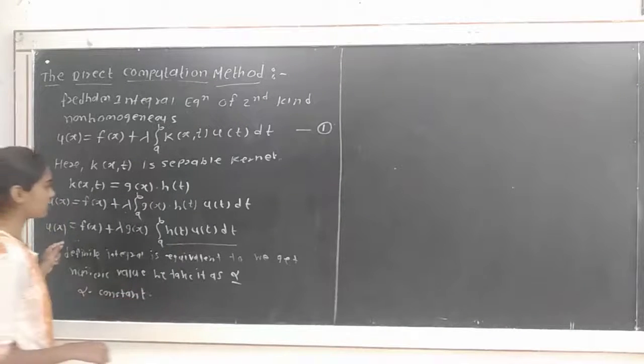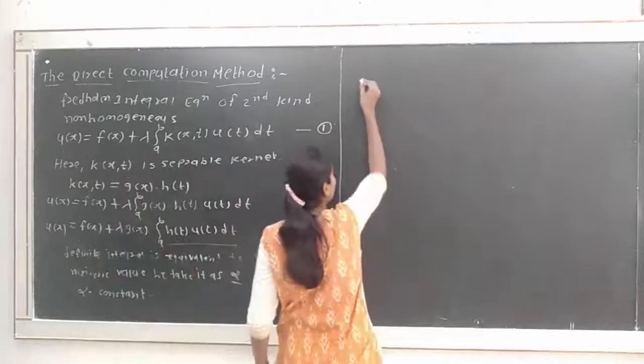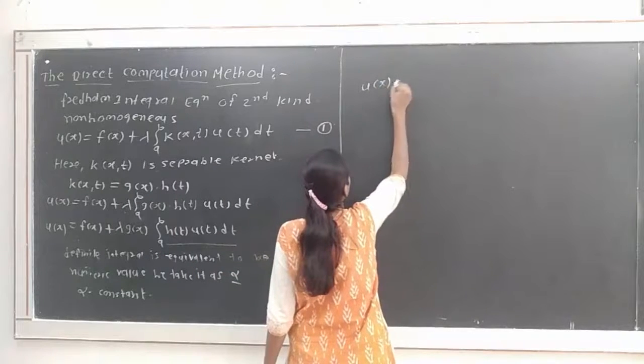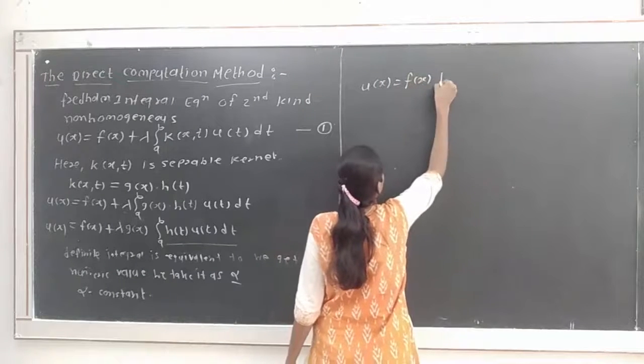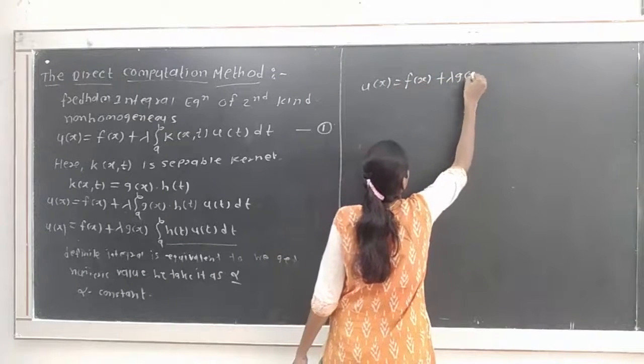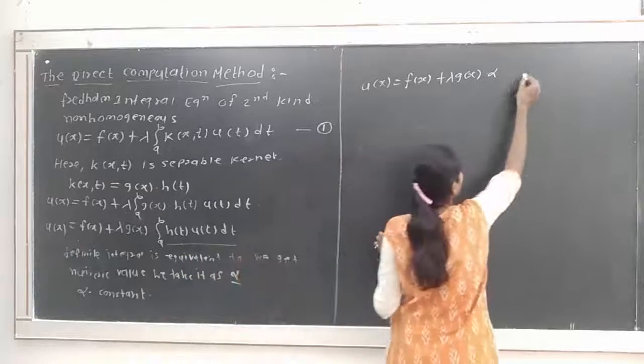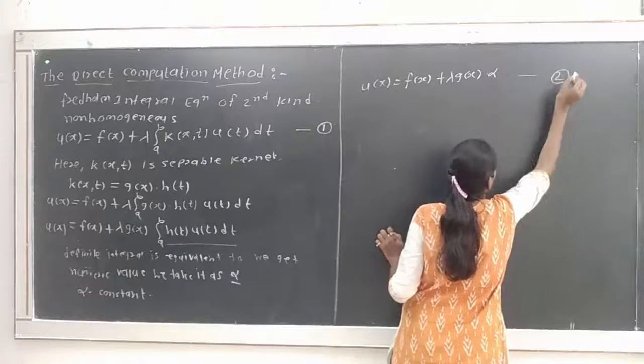So we write alpha instead of that integral, and then we get the equation u of x is equal to f of x plus lambda g of x into alpha. Take it as equation number 2.